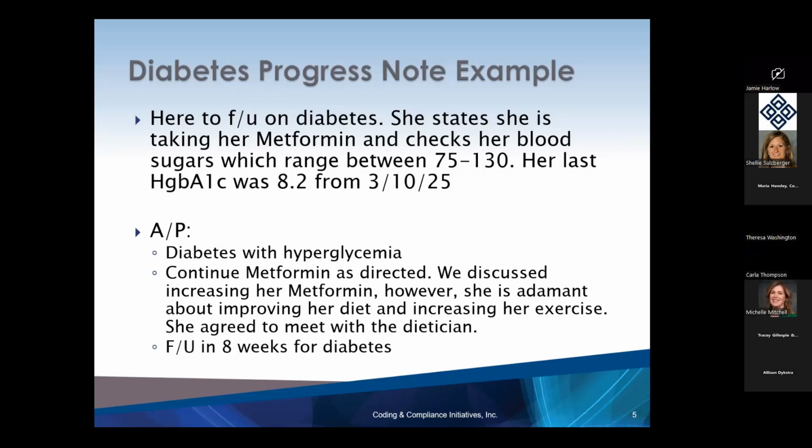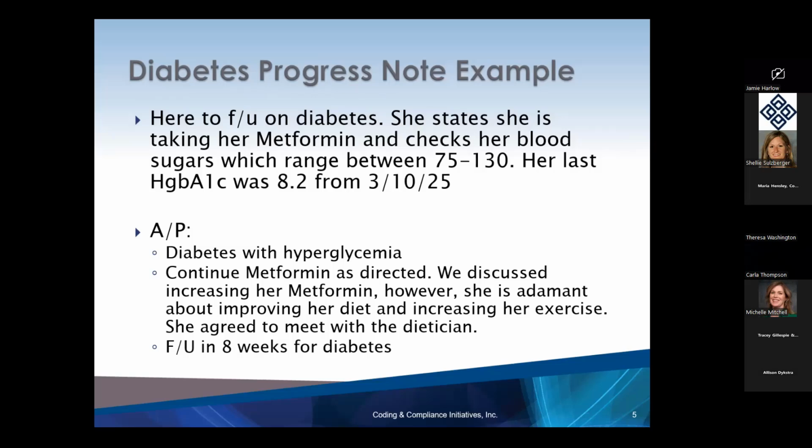So when we're looking at this note, for example, patient's here to follow up on diabetes. She takes her medications as prescribed, her metformin. She checks her blood sugars. They range between 75 and 130. Her last hemoglobin A1C was 8.2 from March 10th. So when we look at this, we're starting to see that evaluation portion of the diabetes.